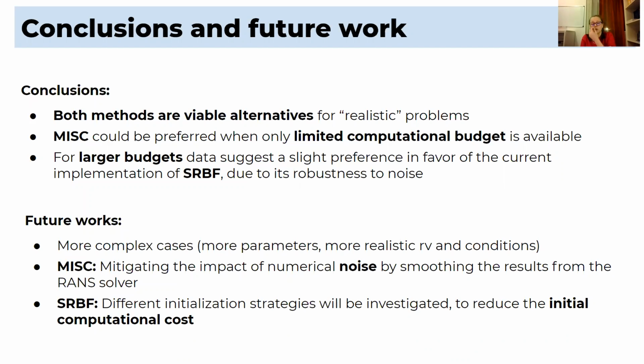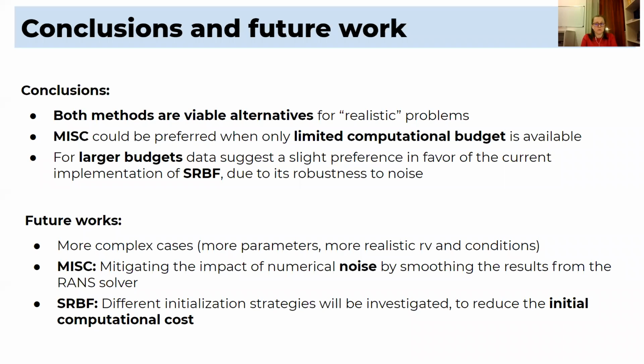And so it's also kind of clear what we want to investigate in the future. For MISC, it would be really interesting to find a strategy to mitigate the impact of numerical noise, like some smoothing of the results of the solver. And the big problem with SRBF is really the initial computational cost, which is quite too large, let's say.